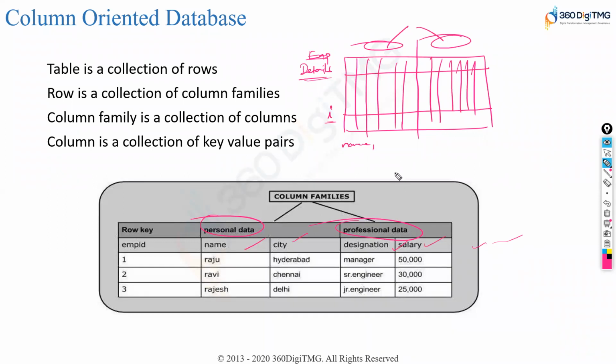When we talk about a regular database, this is how we see a regular database, isn't it? Now, if I talk about column-oriented data here, what is this field? What is the salary field?